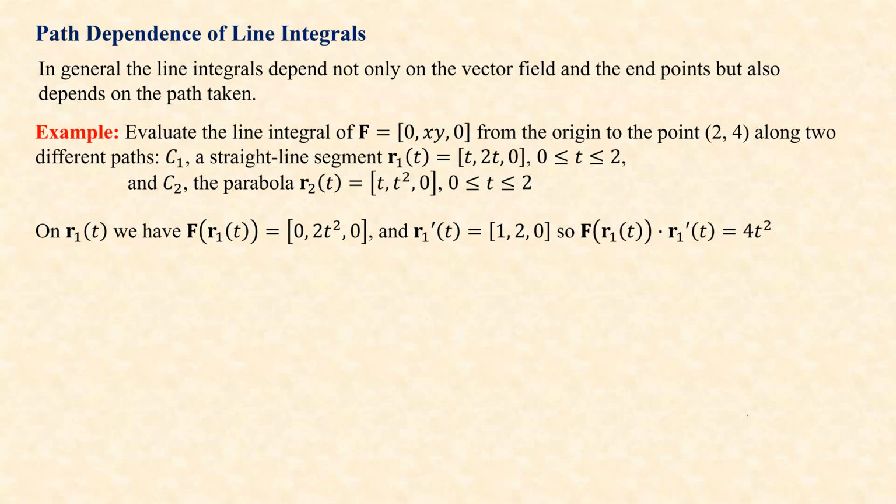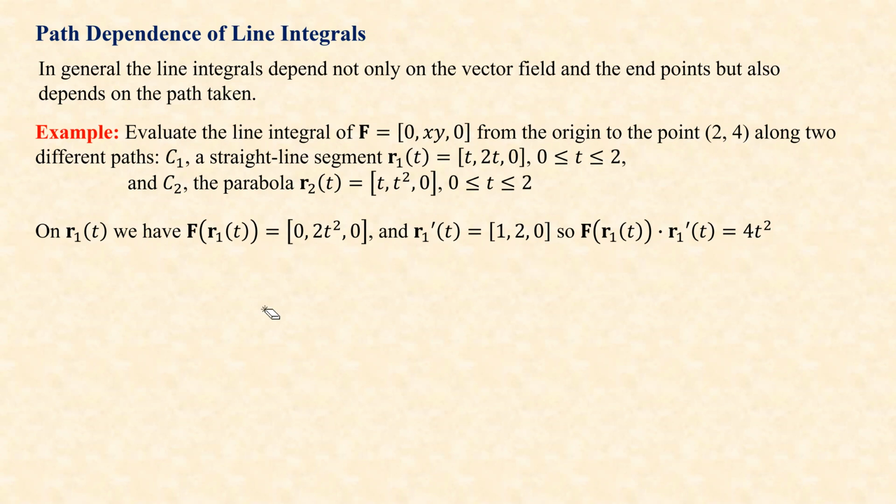And f dot r prime becomes this vector dot this vector, which is 0 times 1, 2t squared times 2, and 0 times 0, added together. So 2t squared times 2 becomes 4t squared, right?